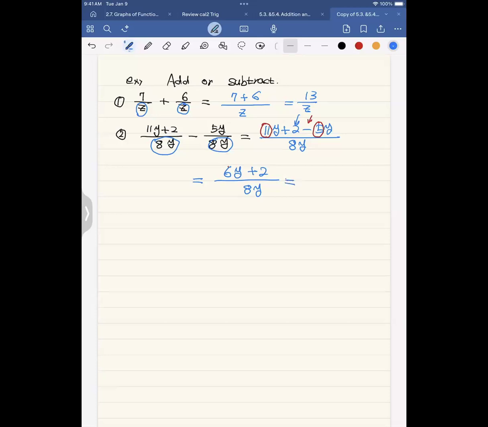Let's take out 2 on the numerator and denominator. So if we take out 2, then 2 times 3y plus 1 over 2 times 4y. Those two cancel each other, and we get 3y plus 1 over 4y.